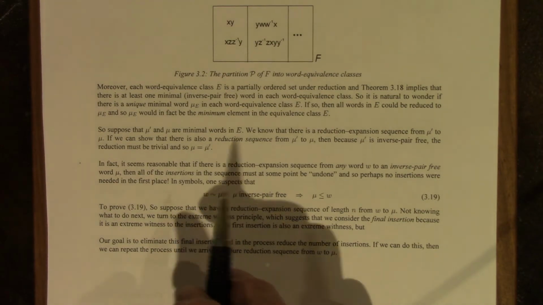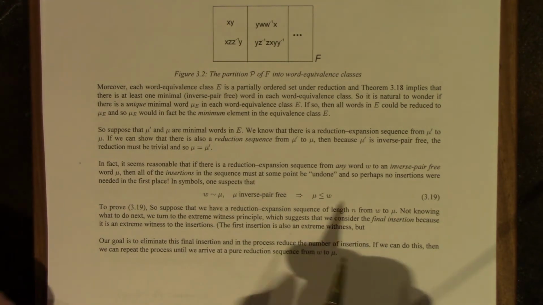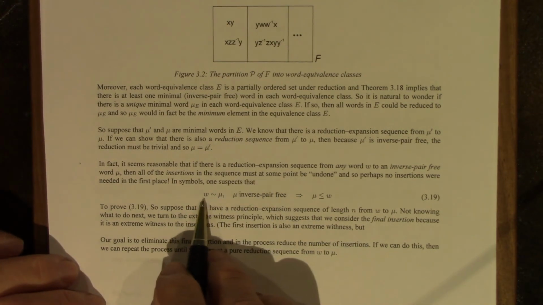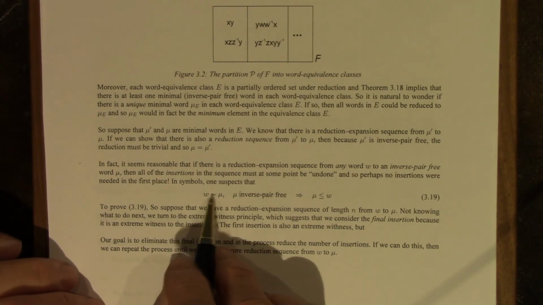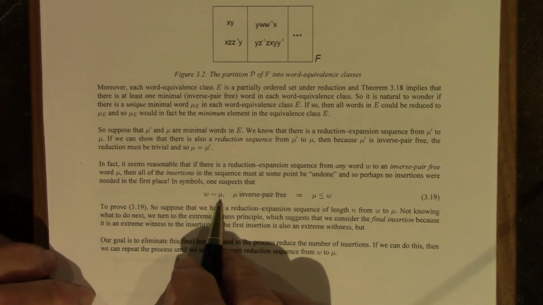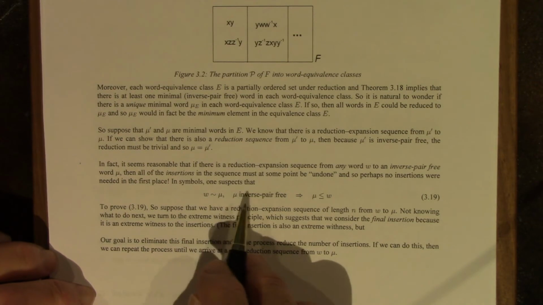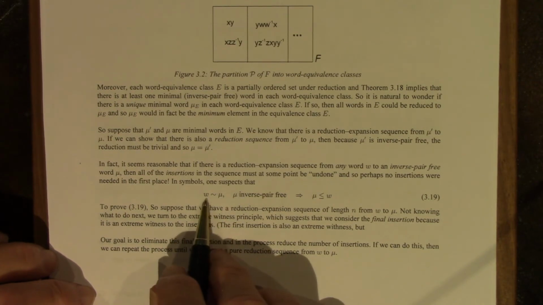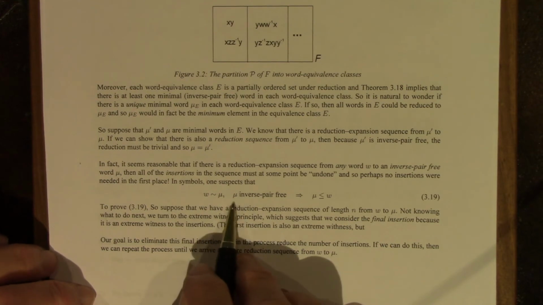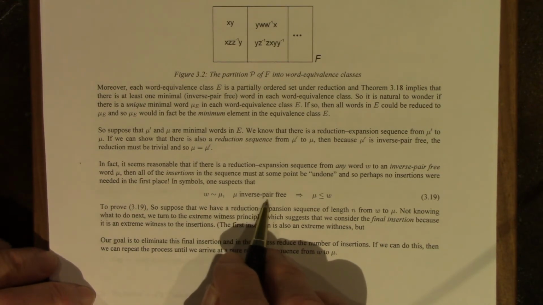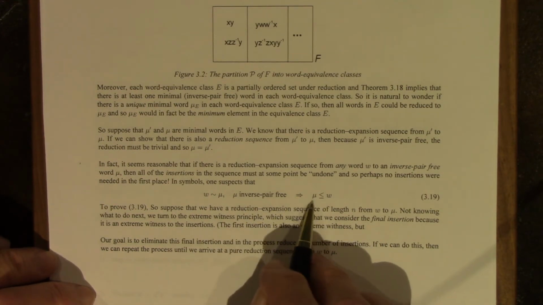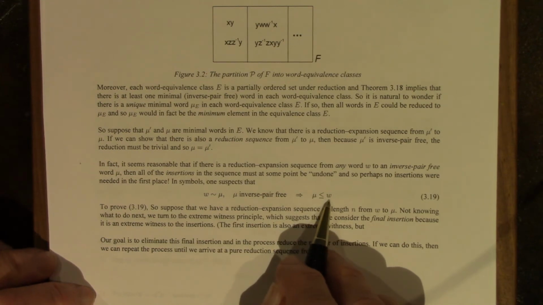So what we suspect and would need to prove is that if W is word equivalent to mu, and so there's a reduction expansion sequence from W to mu, and mu is inverse pair free, then mu is in fact a reduction from W.